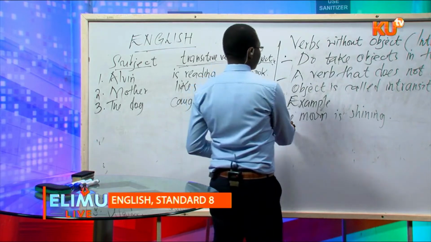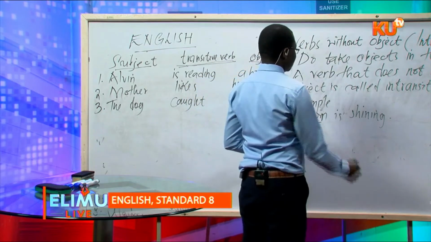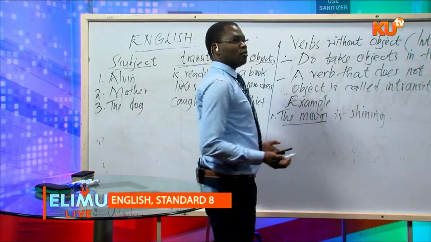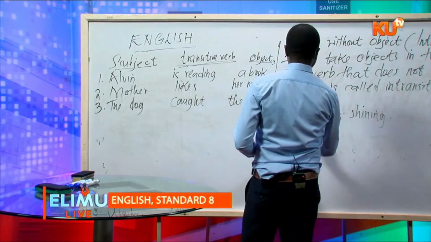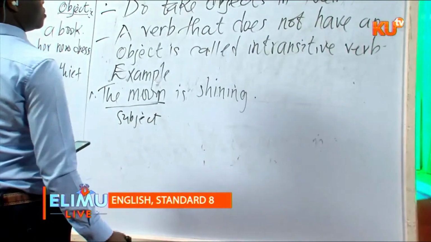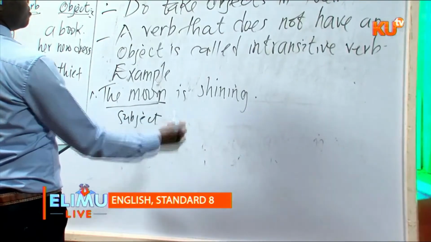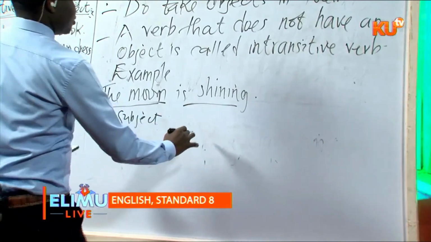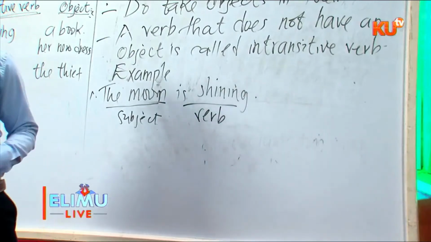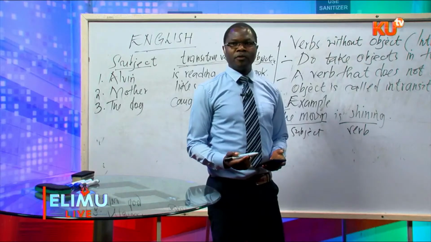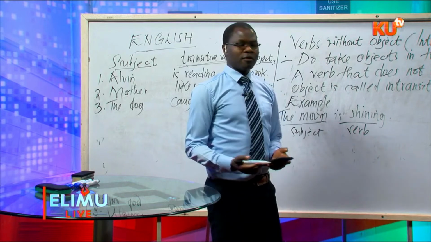The moon is the subject and there is no object. So this is the subject here, the moon. And then we have the verb here, is shining. And then the object is not there. An example of intransitive verb.